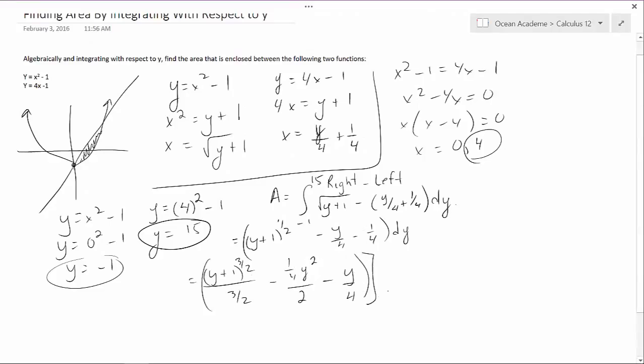And that would be over the interval from minus 1 to 15. Now we just need to plug in our limits. So how we would do that is wherever we see our y value, we'll start with putting our upper limit, and then we'll plug in our lower limit.